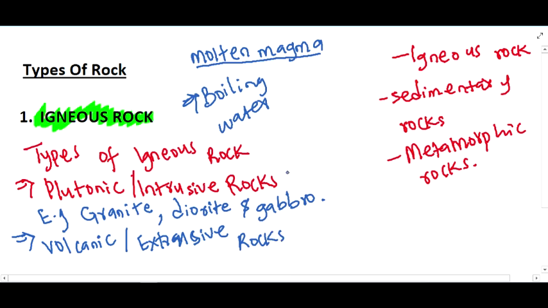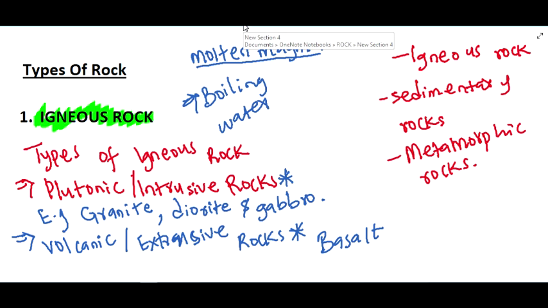The difference is that extrusive igneous rock, that is volcanic igneous rock, is formed when this molten magma solidifies on the Earth's surface. But when it solidifies beneath the Earth's surface, it forms plutonic or intrusive igneous rock. A good example of volcanic igneous rock is basalt.